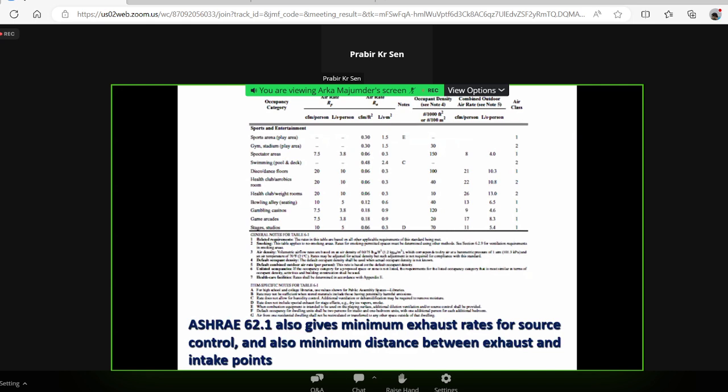ISHRAE has also given exhaust air. How much exhaust air shall be given from a gym or sports complex because of the odor, bad smell.